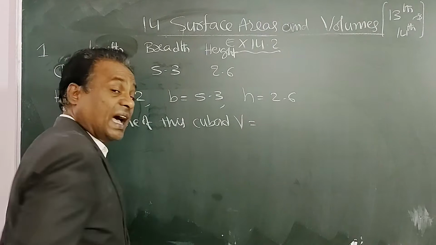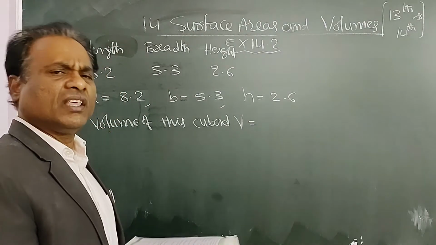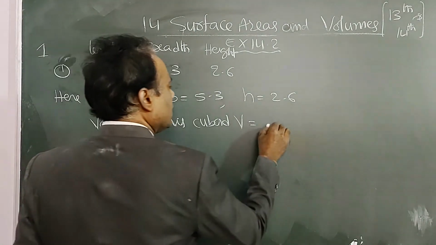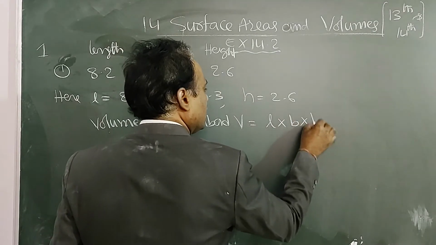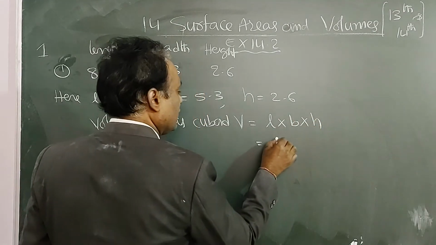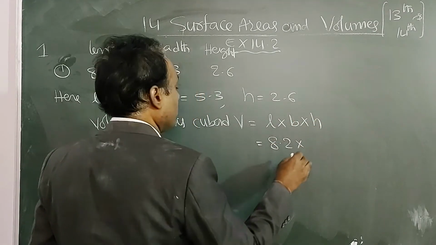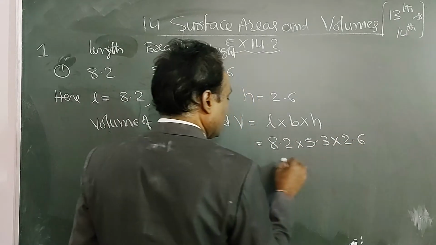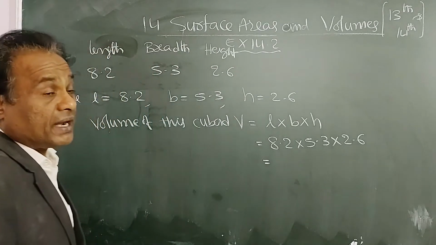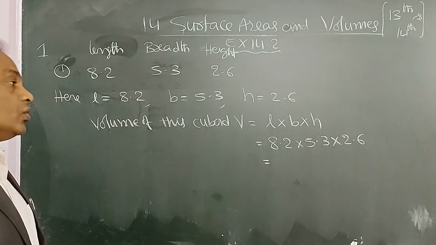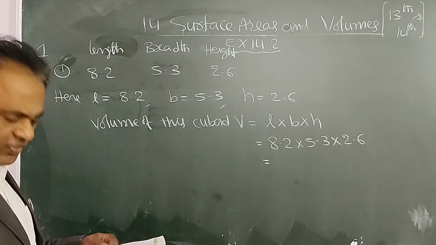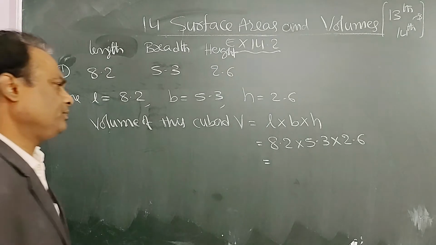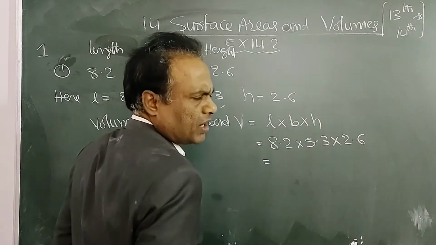V is equal to, I gave the formula for volume. Very simple formula, direct formula. Length into breadth into height. Length is 8.2 into breadth is 5.3 into height is 2.6. That's all. Multiply these 3. Let us consider the decimal afterwards.